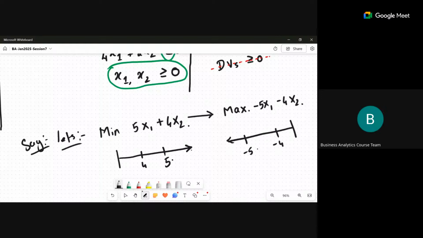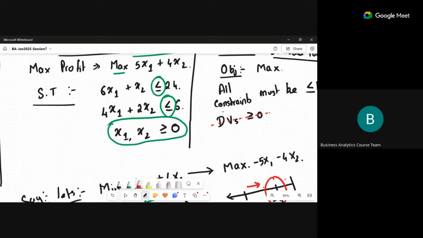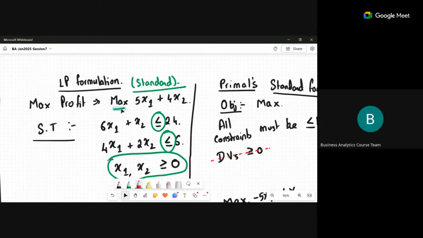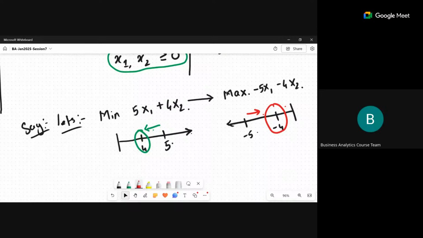If I want to minimize, I want to move from 5 towards 4. If I want to maximize, I want to move towards minus 4 from minus 5, because minus 4 is higher than minus 5. That is why mathematically the minus sign works. Just multiplying an equation with a minus automatically changes the function from a minimum to a maximum or maximum to minimum. So if you are asked to bring something to a standard form and the objective is a minimization objective, you just multiply it with minus 1 to get the maximization objective.